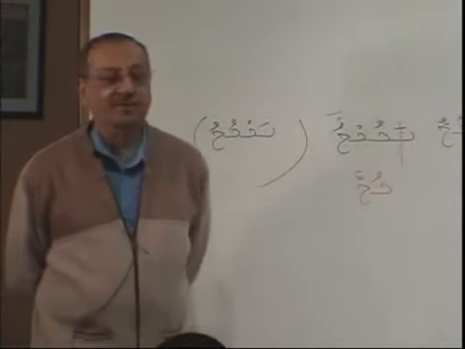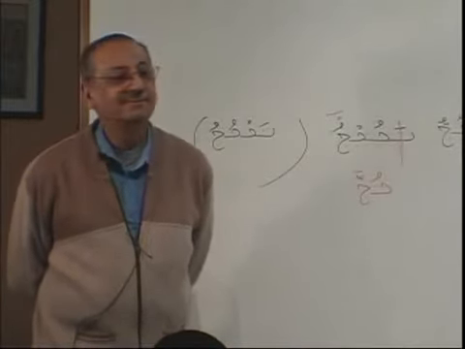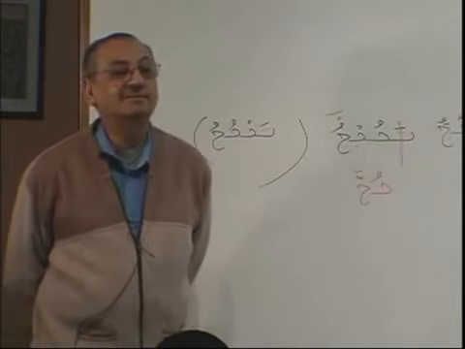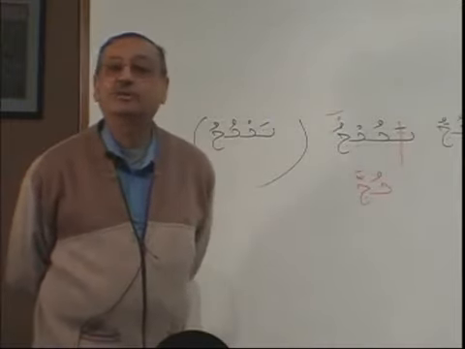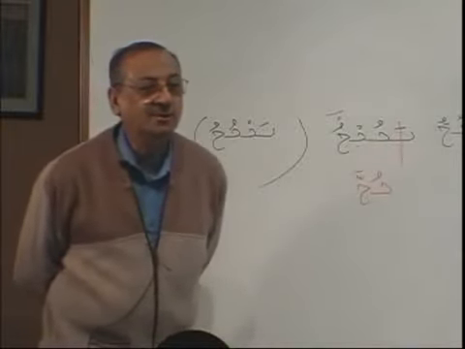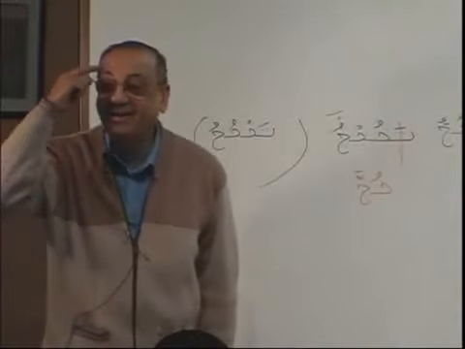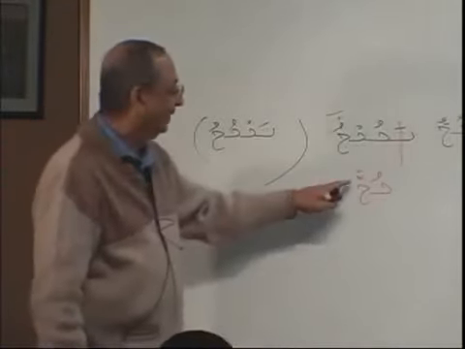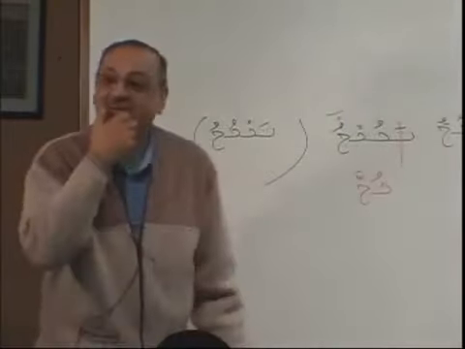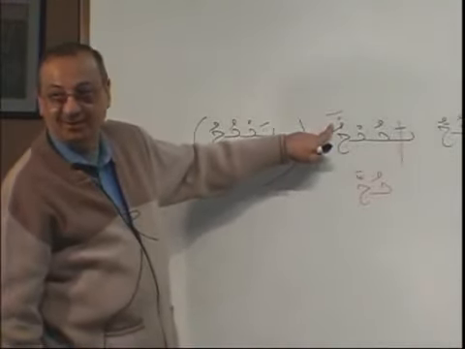Fi'l amr mabni ala, first we have to say mabni ala. Brother, it is always sukoon. Fi'l amr is mabni ala sukoon. So where is the sukoon? Muqaddara. Because your mind can understand that behind this fatah, there is a sukoon. Fatah is a temporary business. Originally, it's a sukoon. Are you with me?